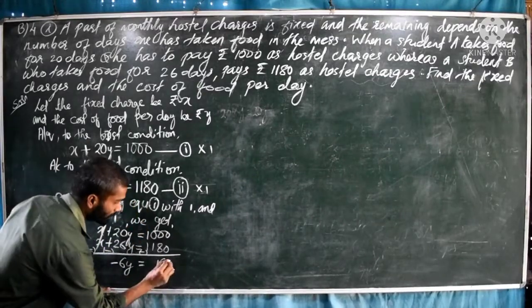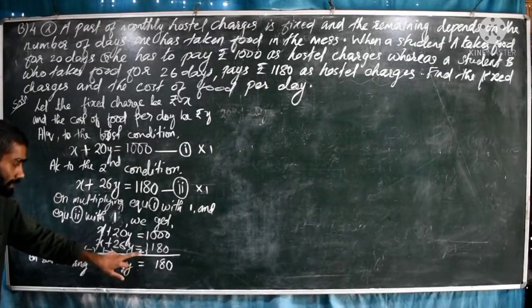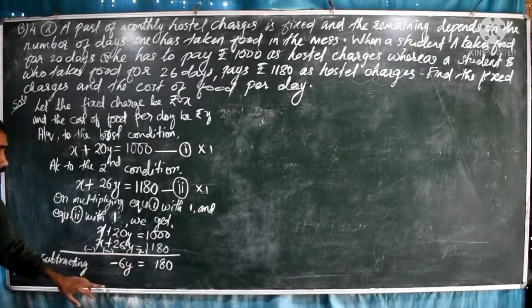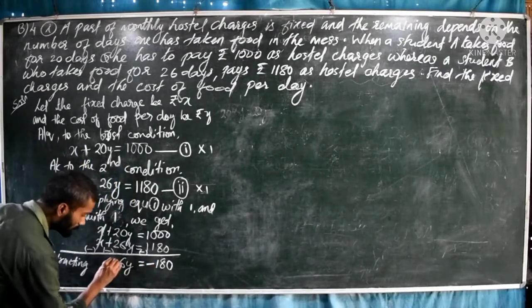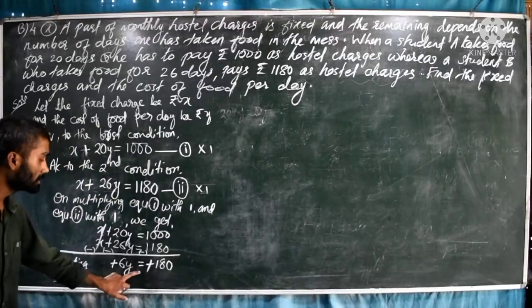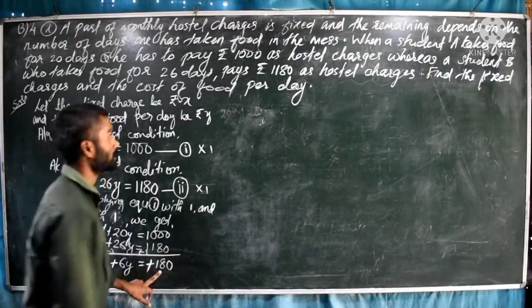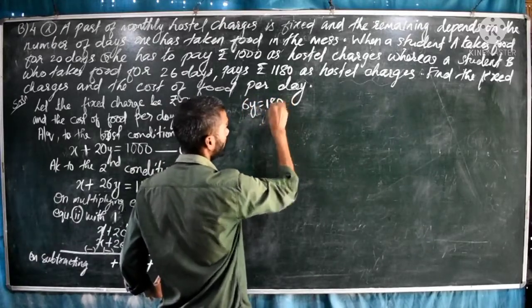After subtracting them, we will get here 180. And now here the sign of the greater integer is minus. So we will write that minus here. Now this minus and this minus we can cancel. 6y is equal to 180.